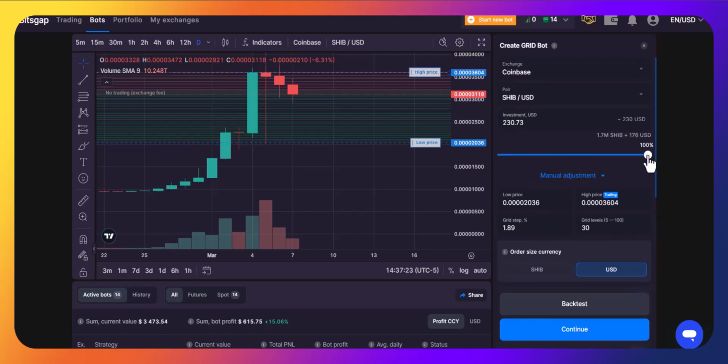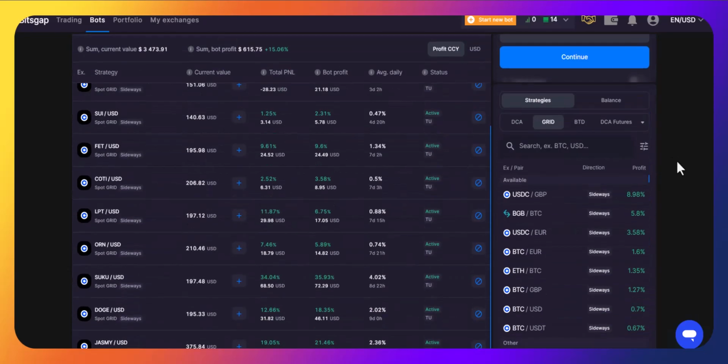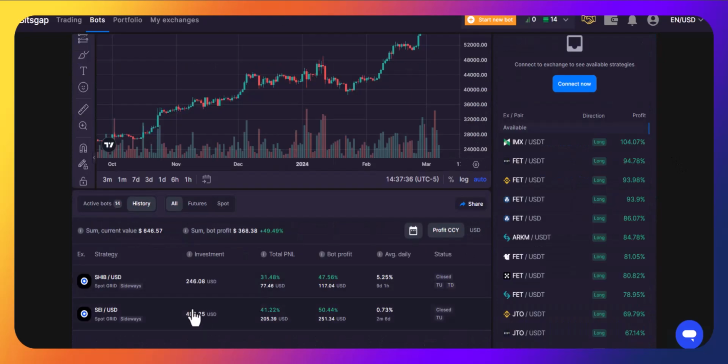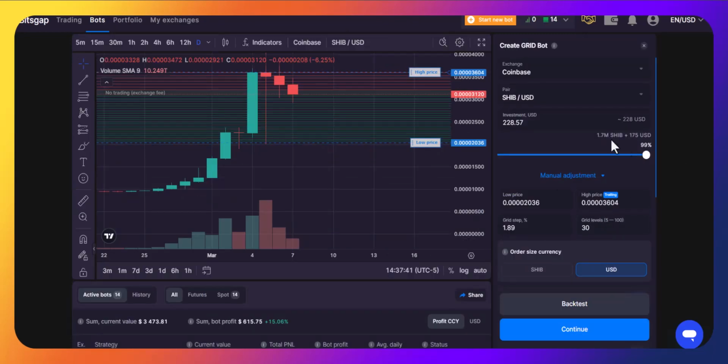We're going to leave it as is and just put it at 230. We'll do 228 on this. We had, it was 246, but currently the amount we would have to invest would be causing us to have losses.